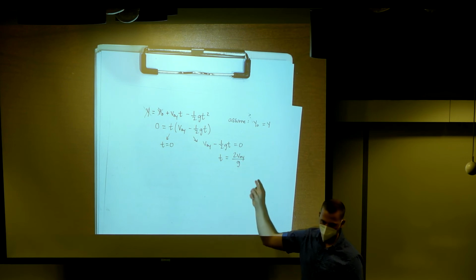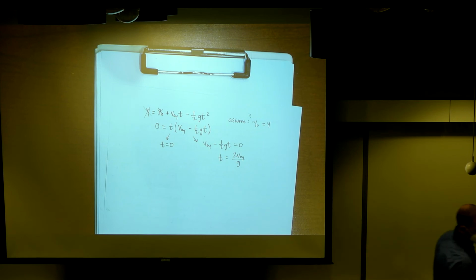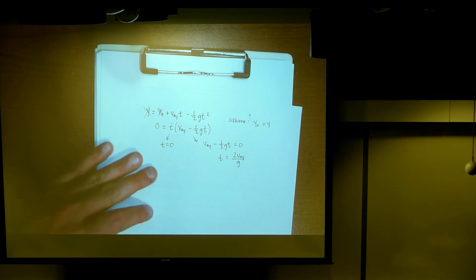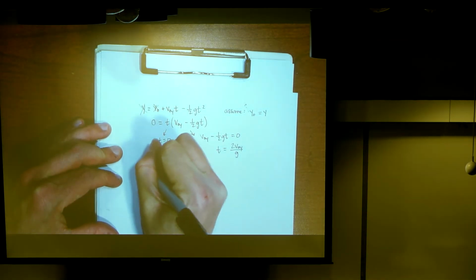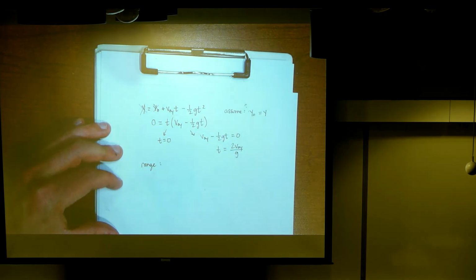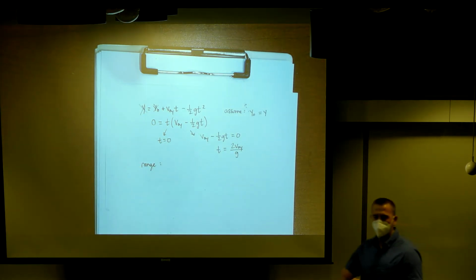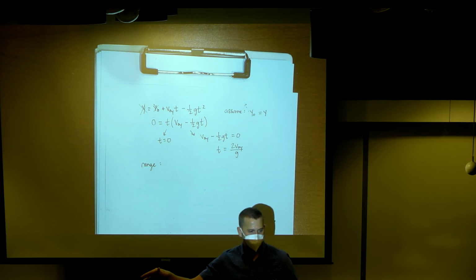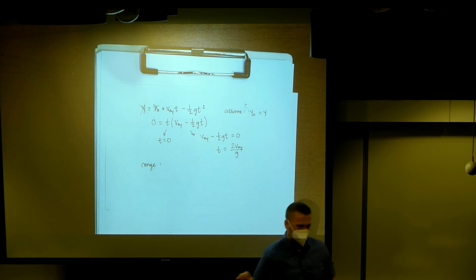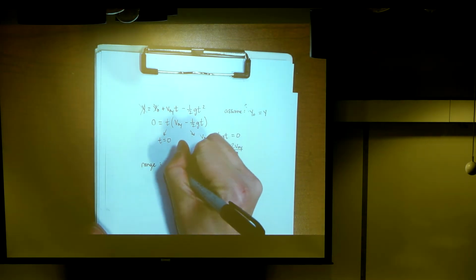That immediately takes us to the range, because the range is how far it has traveled in the x direction during that time. The range is just how far it's traveled horizontally in that time.